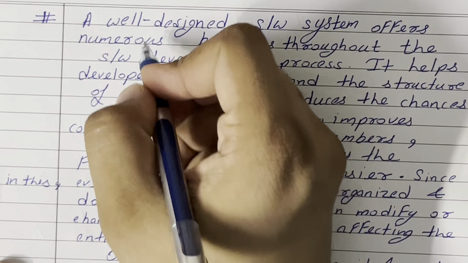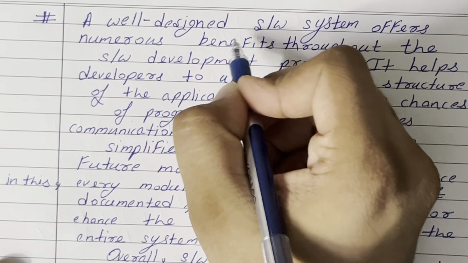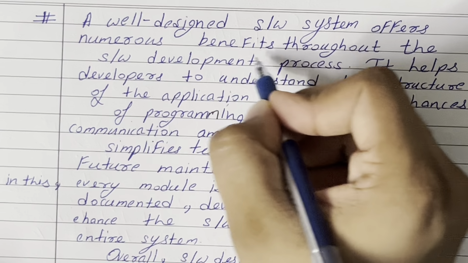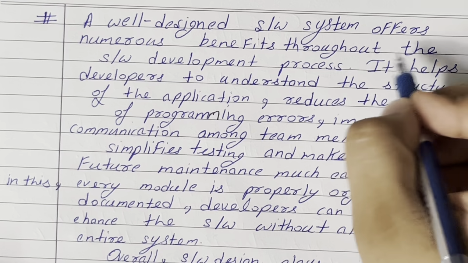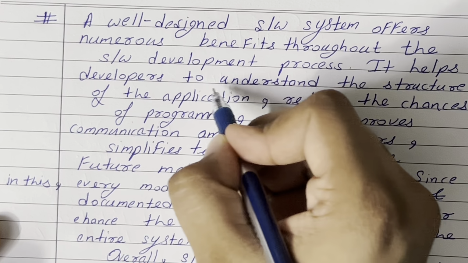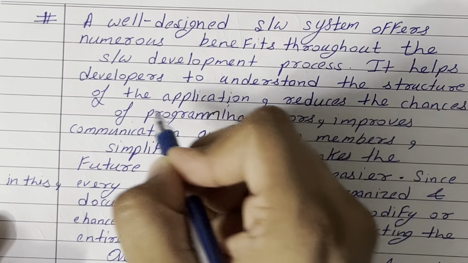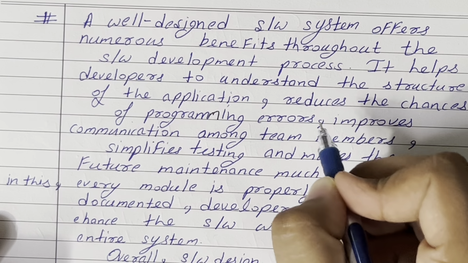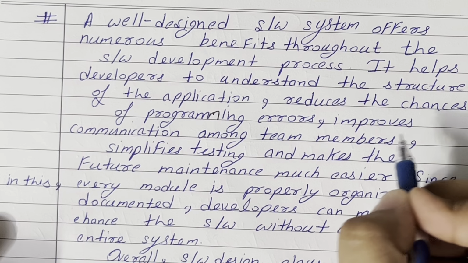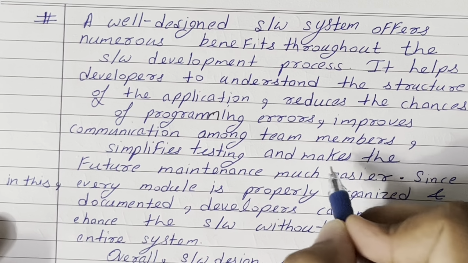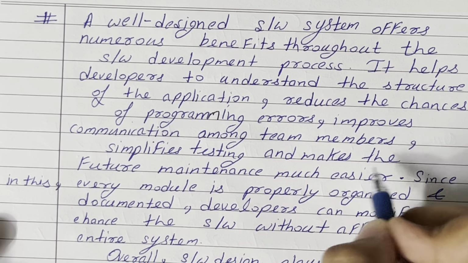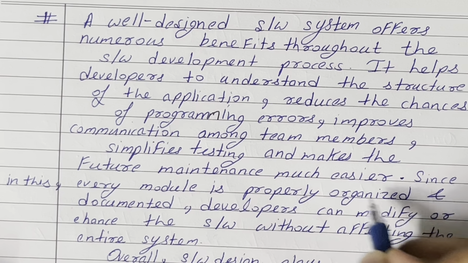So next point is, we can say that a well-designed software system offers numerous benefits throughout the software development process, and it helps the developers to understand the structure of the application, and it also reduces the chances of programming errors and improves the communication among team members, also simplifies testing and makes the future maintenance much easier.